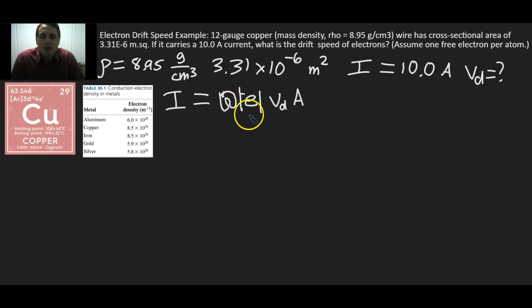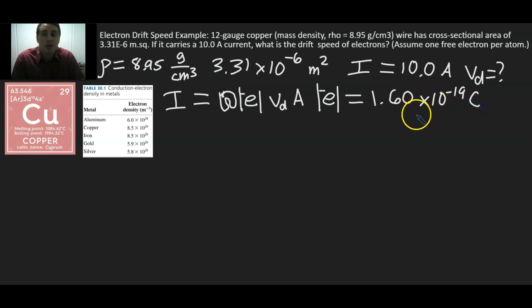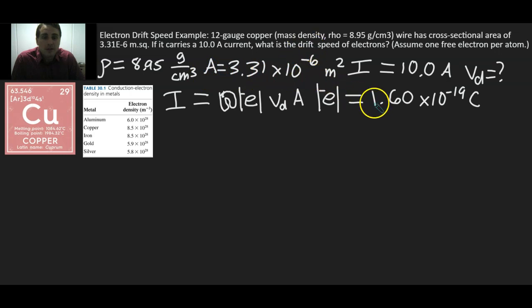Now, notice we know what this value is. If we are looking at the magnitude of the charge on an electron, we know that to be the so-called fundamental charge. That's about 1.60 times 10 to the minus 19th coulombs. That's a well-known number from experiments. So the cross-sectional area is actually this, 3.31 times 10 to the minus 6th.